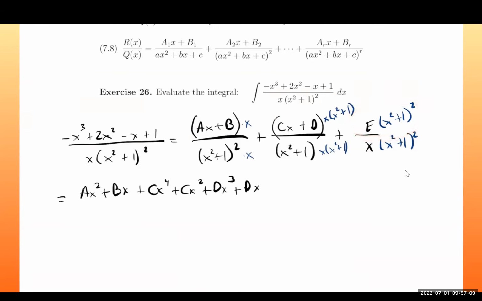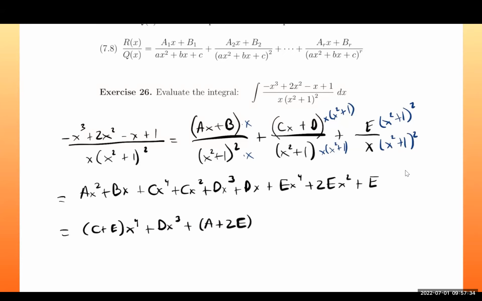And then after doing this, I ended up getting ex to the 4th plus 2ex squared plus e. All right, and then when you group everything, you're going to end up with c plus e x to the 4th plus dx cubed plus a plus 2e x squared plus b plus d x plus e.